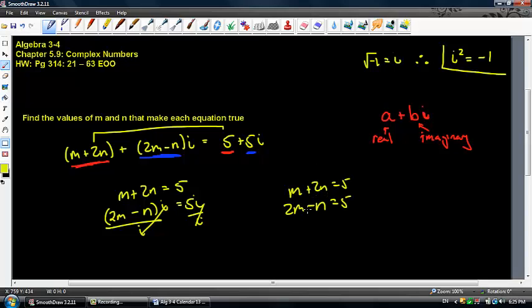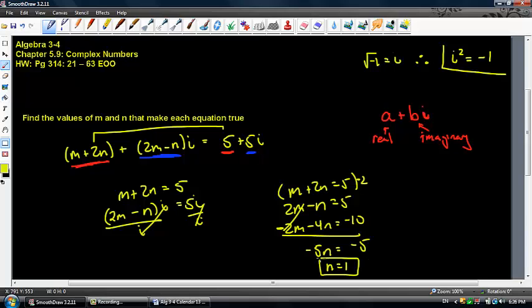Now I've got a system that I can solve. I'm going to go ahead and multiply the top by negative 2. Negative 2m minus 4n equals negative 10. Those are going to cancel. I end up with negative 5n equals negative 5. n equals 1.